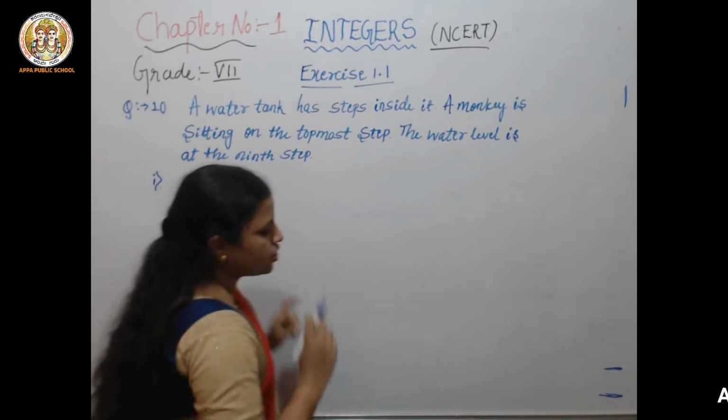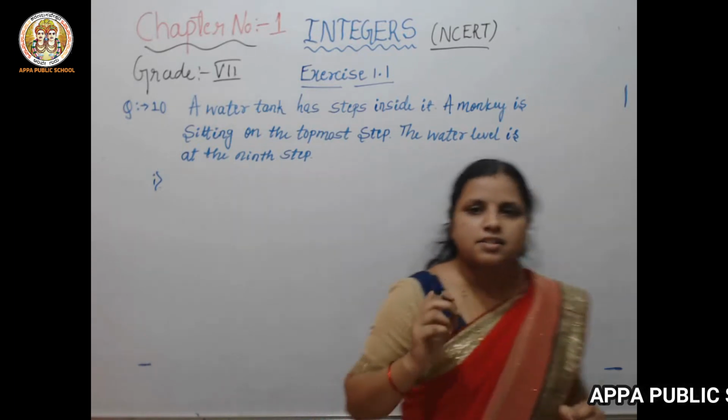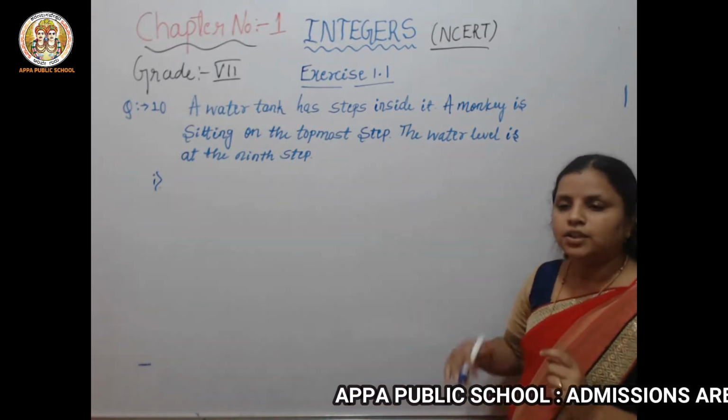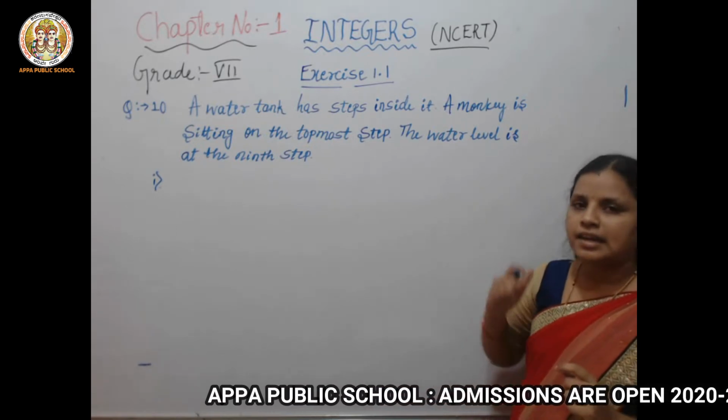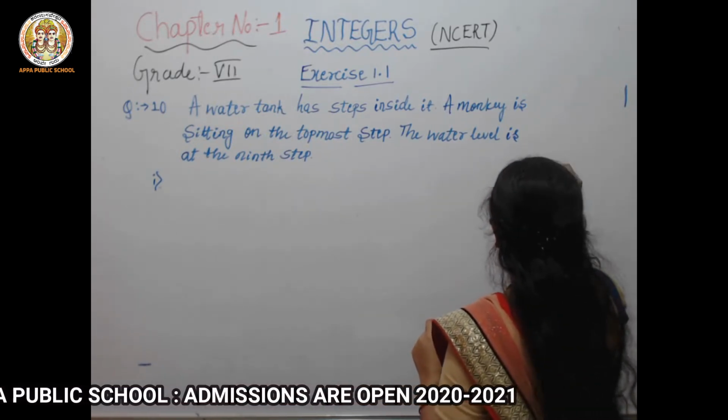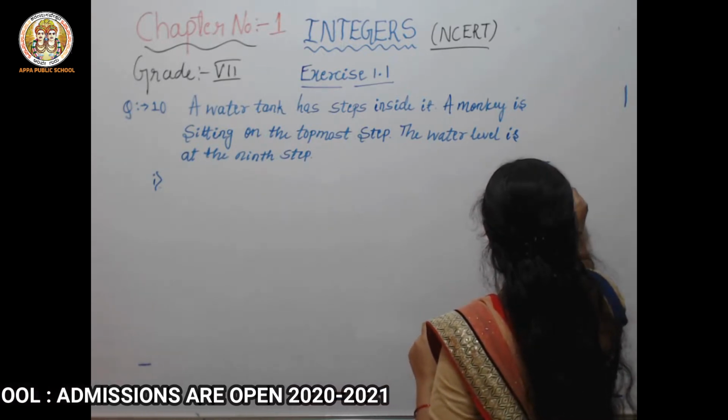With this question we understand that there is a water tank and it has 9 steps. How many steps? 9 steps. For understanding purposes, I will draw this one.